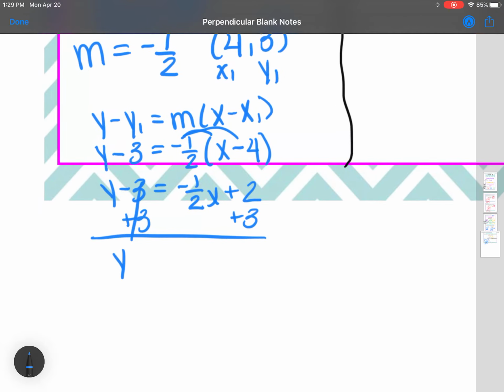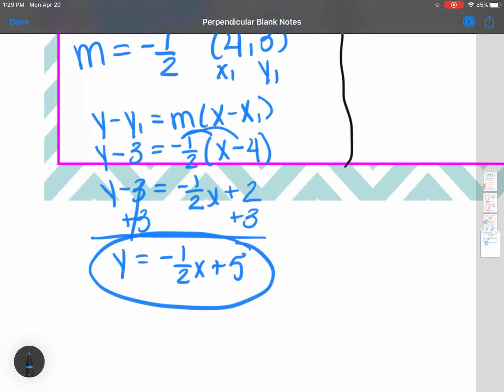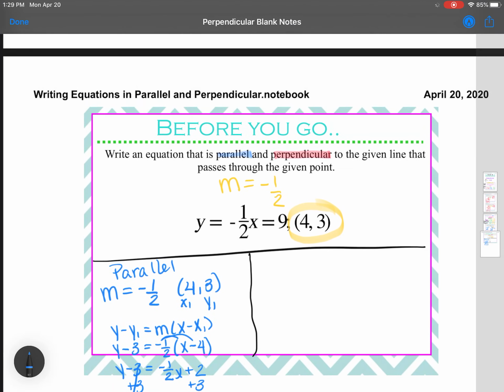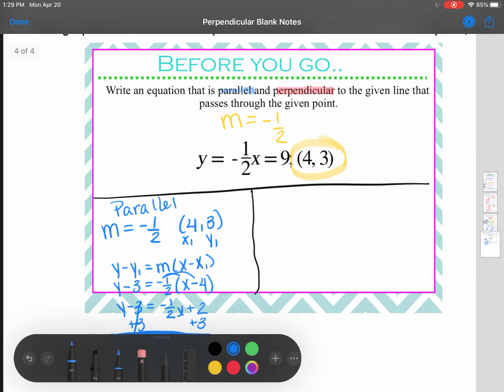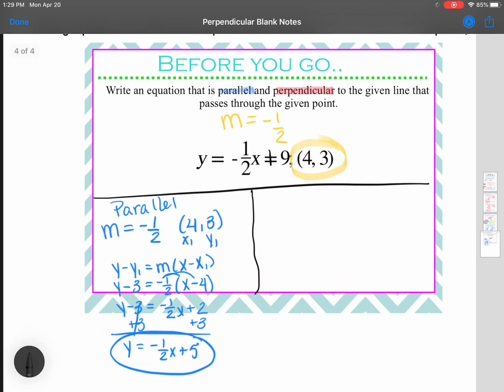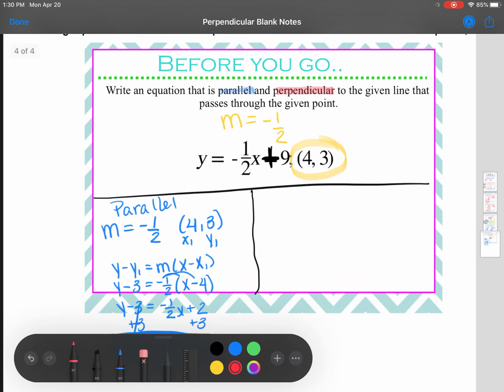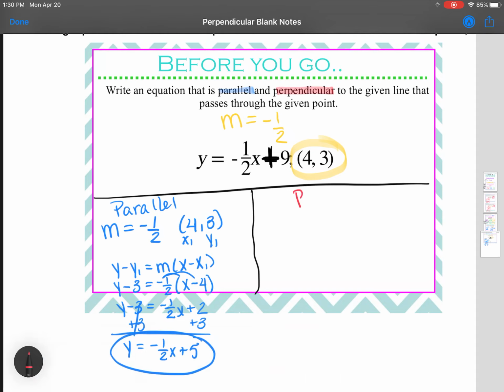So, y equals negative 1/2 x plus 5. Okay, so this is the line that is parallel to the line above. I'm going to fix a typo here that I didn't realize. This is supposed to be negative 1/2 x plus 9. Oops.